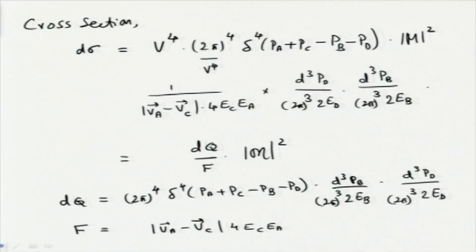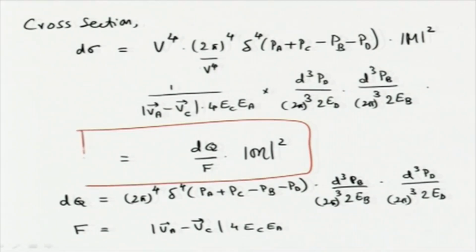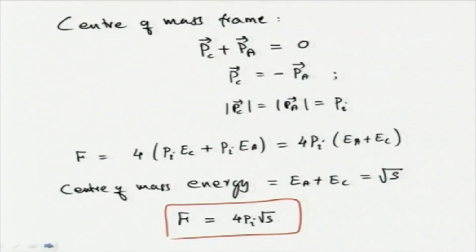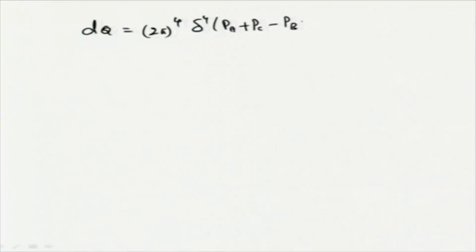So, we have sigma here, the differential cross section as dq over f m square, and f is what is given here. We will come to the factor dq. This is equal to 2 pi power 4 delta 4 P A plus P C minus P B minus P D.